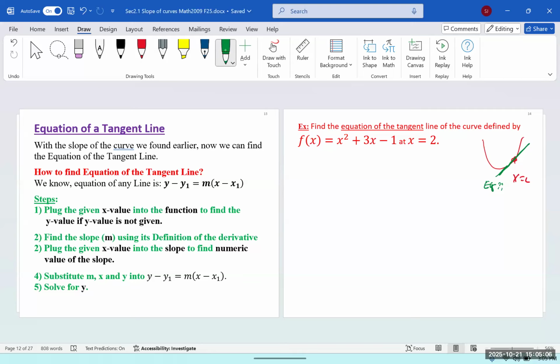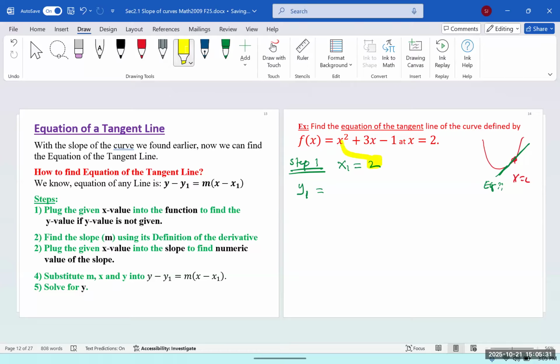So step 1. We know that x is actually the x1. x1 is 2. Did they give us y1? No. So our first step, find the y1.